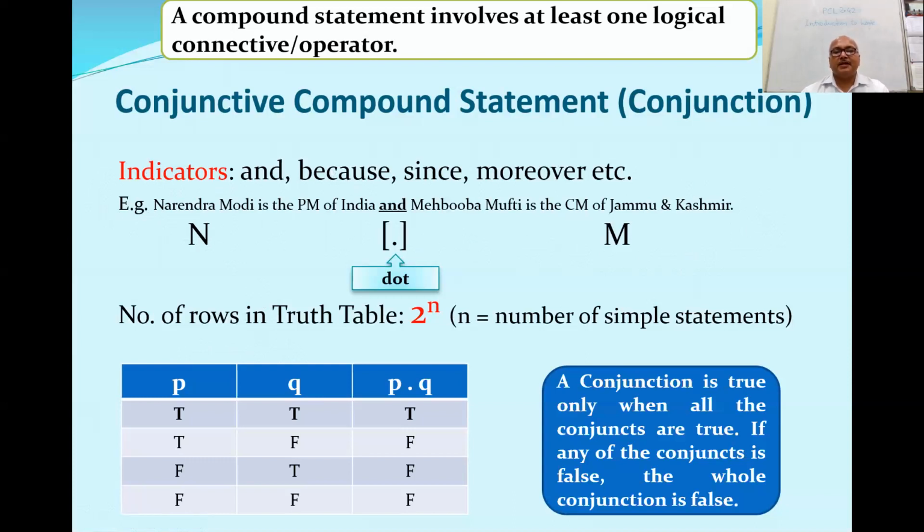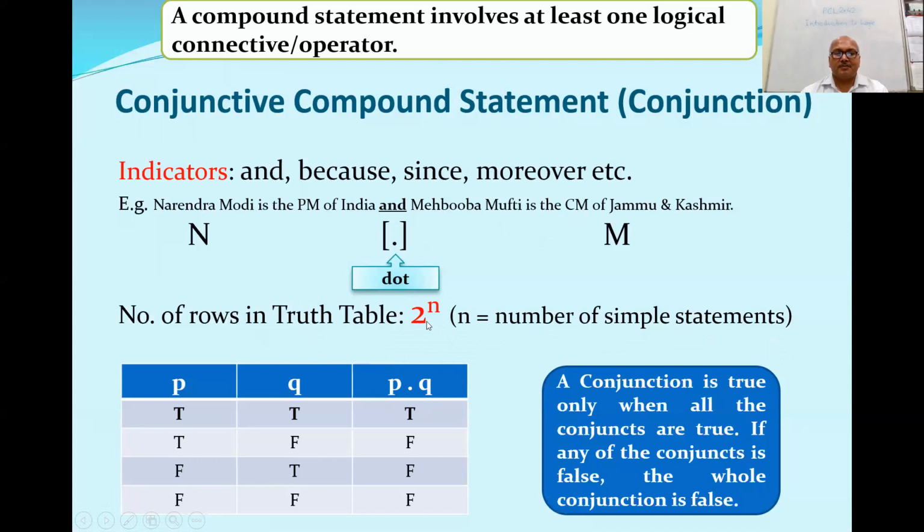So we adopt a mechanism to calculate the truth value of a compound statement, and we design a truth table to calculate the possibilities of the values of a conjunctive statement. The same thing we will do in other compound statements. So this is the simple formula: 2 to the power n, where n is the number of simple statements participating in a compound statement.